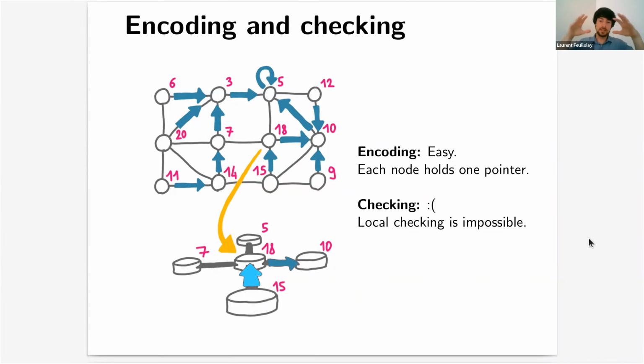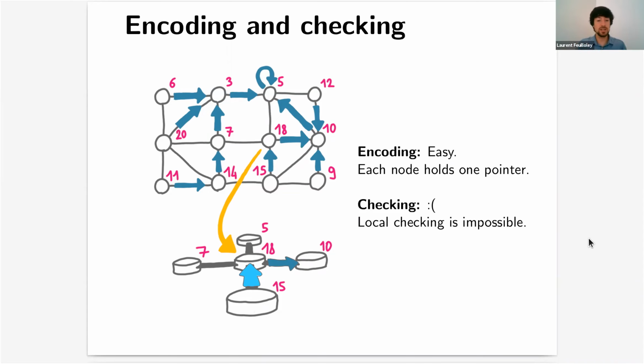Actually it is, but you can distribute this data structure, which means that it's possible for every node to hold a little piece of the data structure such that globally it builds the full tree. And what is this little piece? It's just one pointer per machine. I said that for a directed spanning tree, you need one outgoing pointer per node. And that's exactly what a node will have in its memory.